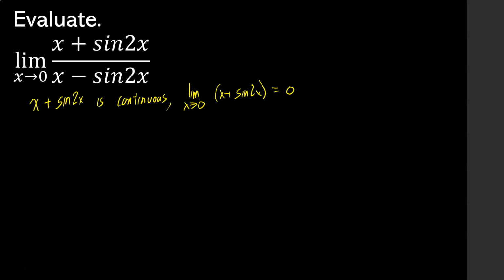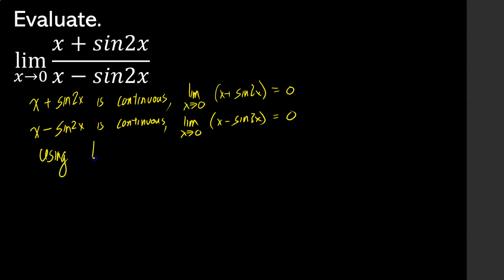Okay, we don't have to do any hard limit work. X minus sine of 2x is continuous as well. And very similar statement. That limit 0. So what do we say?